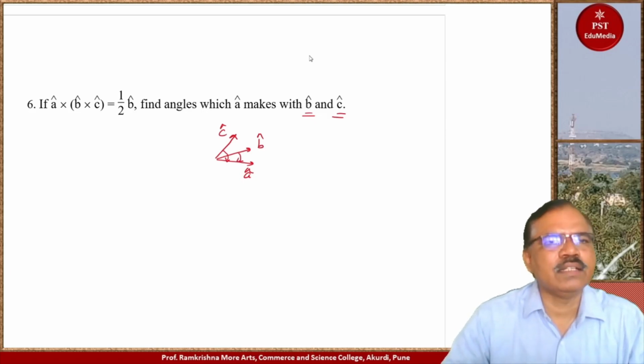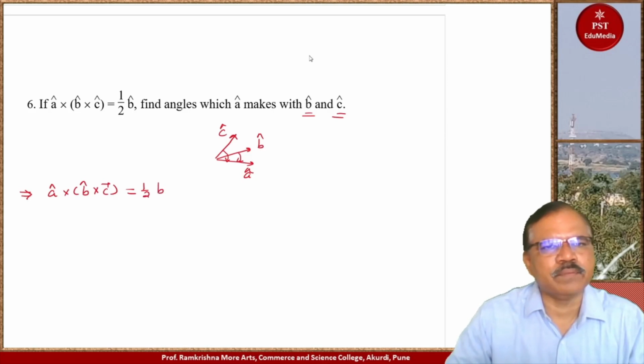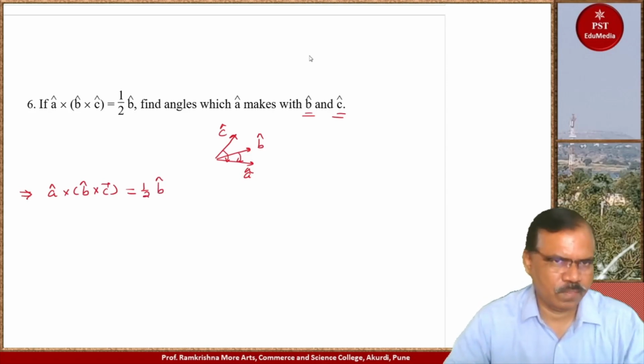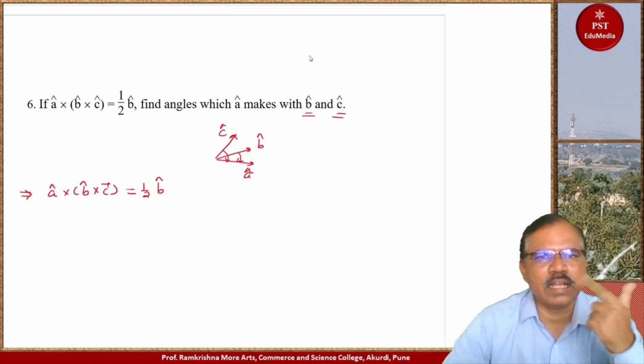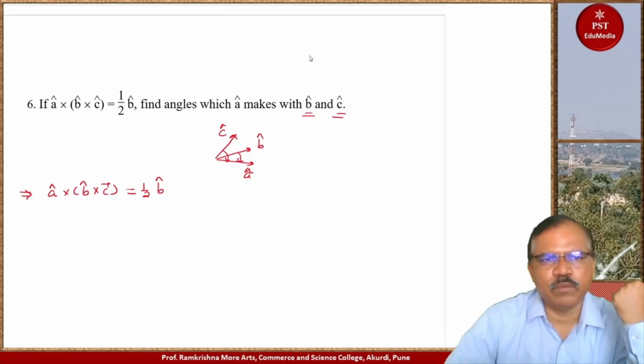And what is given? A cross B cross C is equal to 1 half B. This is given. And from this we have to find the angle between A and B, and the angle between A and C. So how can we find? We have a vector identity. And what is that vector identity?